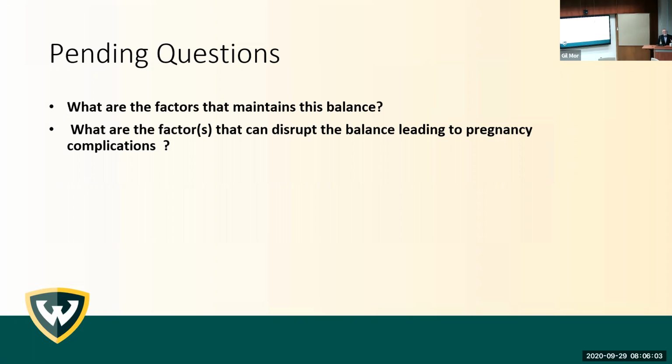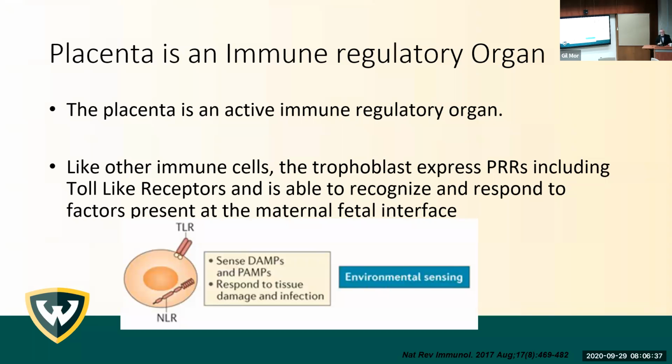So when the balance is established, what are the external signals that will break this balance and be the cause of pregnancy complications such as miscarriages, preeclampsia, and even preterm birth. So it is extremely important to understand the factors that are regulating the balance in order to understand and prevent pregnancy complications.